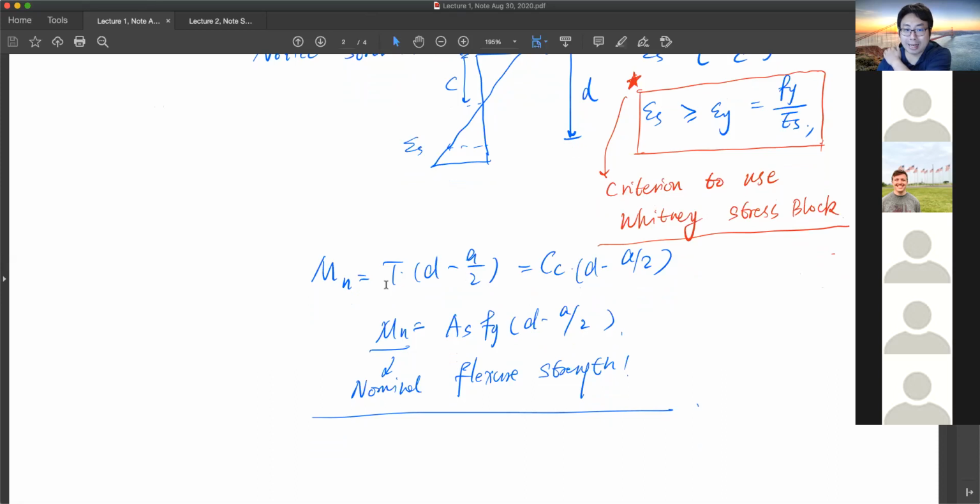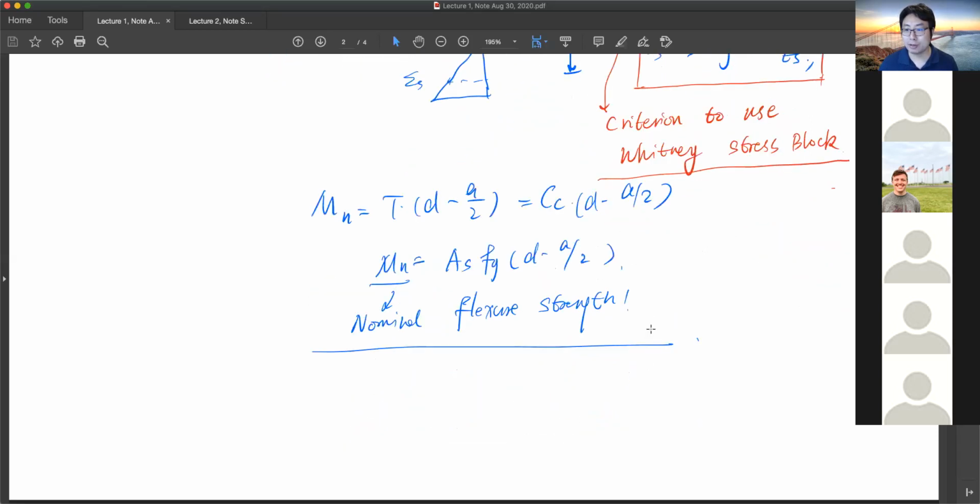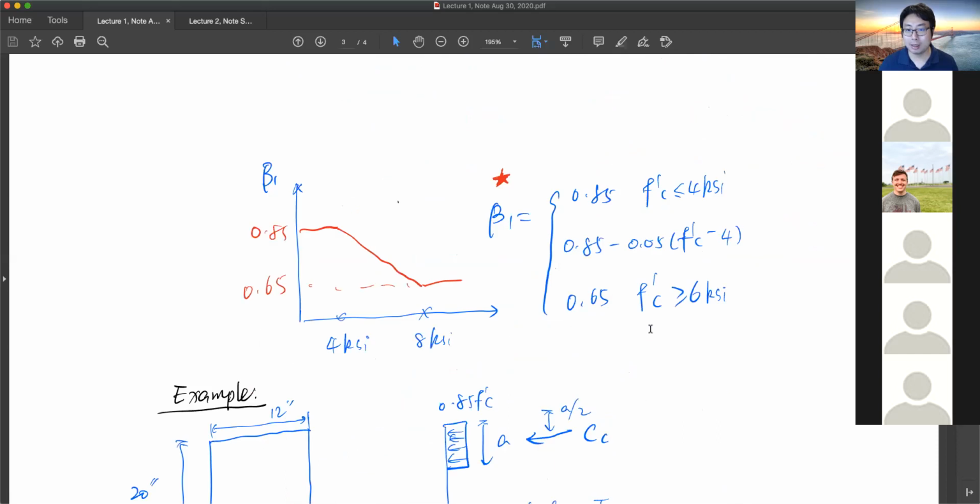Once we have the moment, we are going to calculate the strength reduction factor later. But to give you an example of how it works, first let's talk about beta 1. Beta 1 is a coefficient that depends solely on the concrete strength. If it's 4 ksi or below, it's 0.85. If it's 8 ksi or beyond, 0.65.